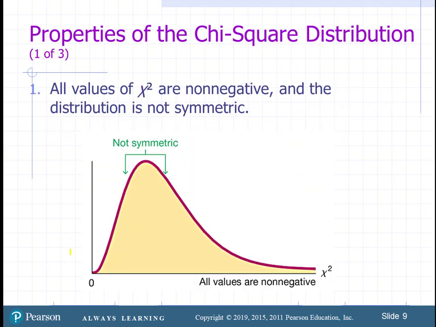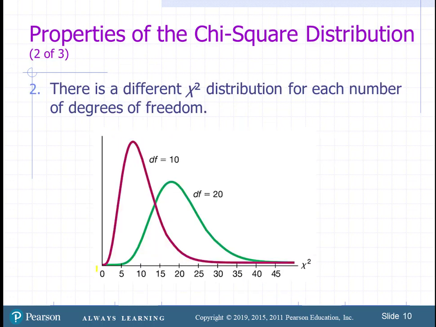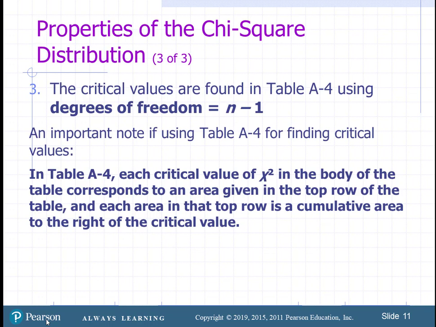As we looked at back in Chapter 7, I believe, when we have the chi-squared statistic, it's not symmetric, and all the values are positive. As our degrees of freedom go up, the shape of the distribution gets more and more normal or bell-shaped.